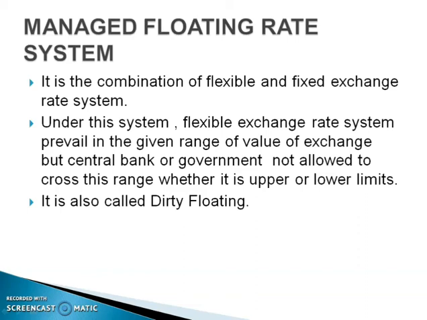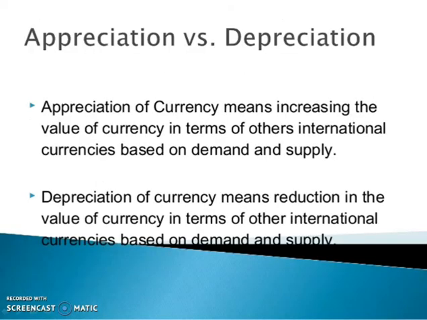There are important terms related to the flexible exchange rate system: appreciation and depreciation of a currency. Appreciation of currency means an increase in the value of the currency in terms of other international currencies based on demand and supply, and depreciation means a reduction in its value based on demand and supply.